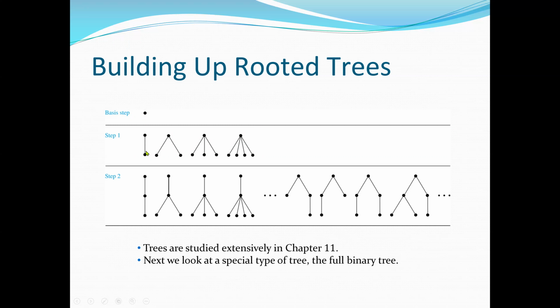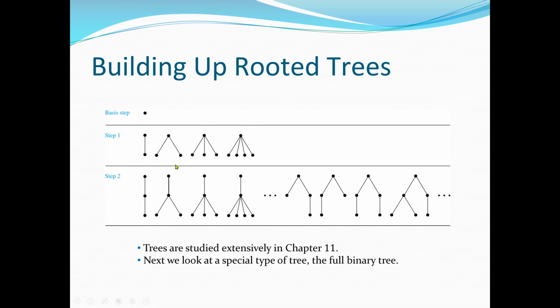In computer science, the root of a tree is at the top, not the bottom. So here, we always begin with the root. If we are creating a new tree, a tree always has to have a root. So the basic step will be the root. Then step one, we are creating level 1 items, inserting the left and right children.